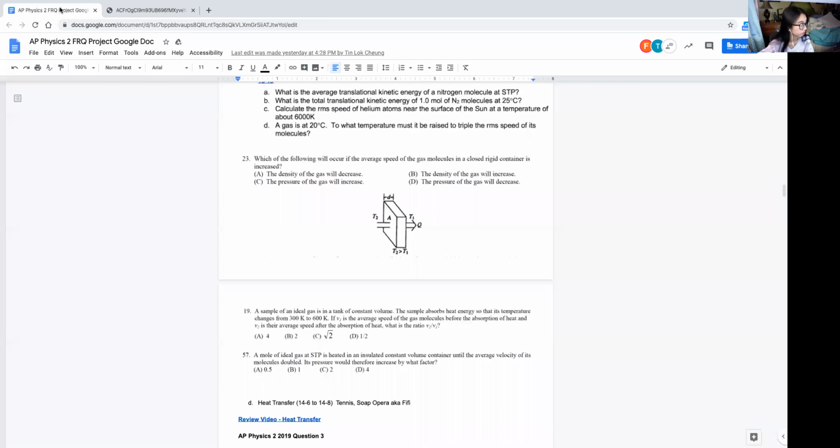Next question. Calculate the RMS speed of helium atoms near the surface of the sun at a temperature of about 6,000 Kelvin. Our solution is v_rms equals the square root of 3kT over m, and we learned this in the video. It's not in your reference table, so it's good to know for the exam.